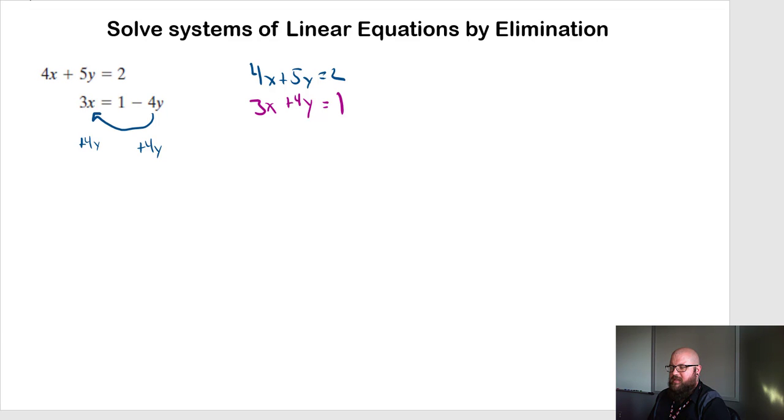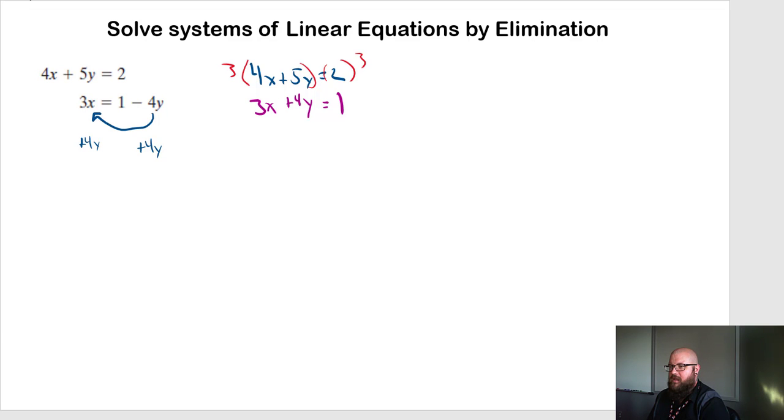To get 12 out of the top here, we'll make the top positive and the bottom negative. To get a positive 12, we would need to multiply all these values times 3. So we'll take this, multiply by 3. What you do to one side, you have to do to the other, so then we'll multiply this 2 by 3.